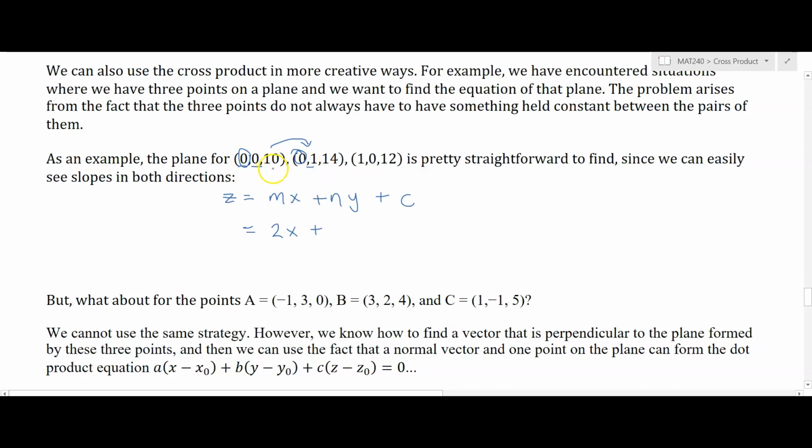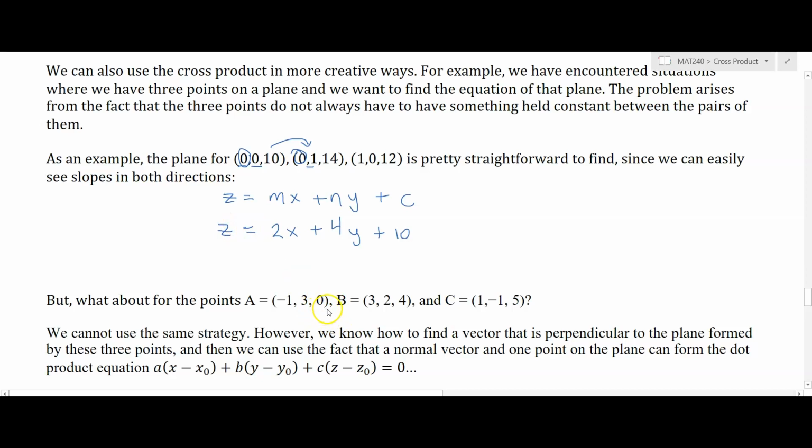And the corresponding change in z is from 10 to 14 per a 1-unit increase in y, so this will give me a slope of 4. And the first ordered triple already tells me what the z-intercept is. When I plug in 0 for x and 0 for y, I should get c equals 10. So that's possible to do without any fancy formulas.